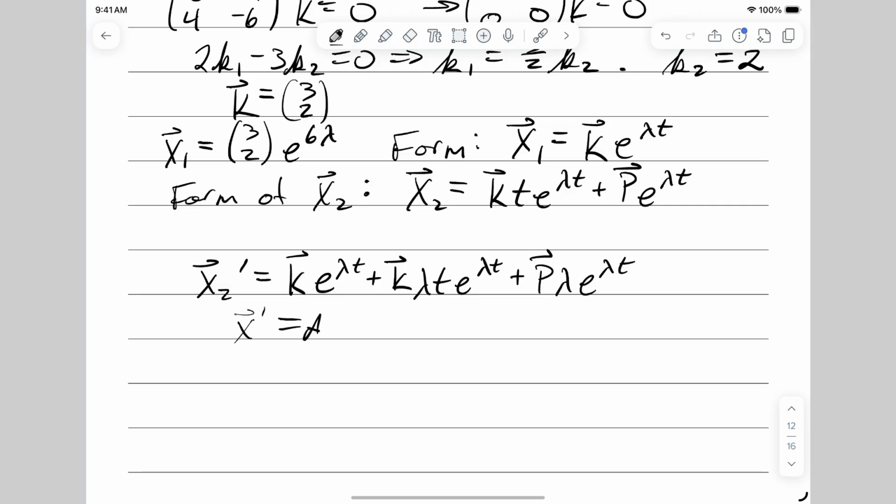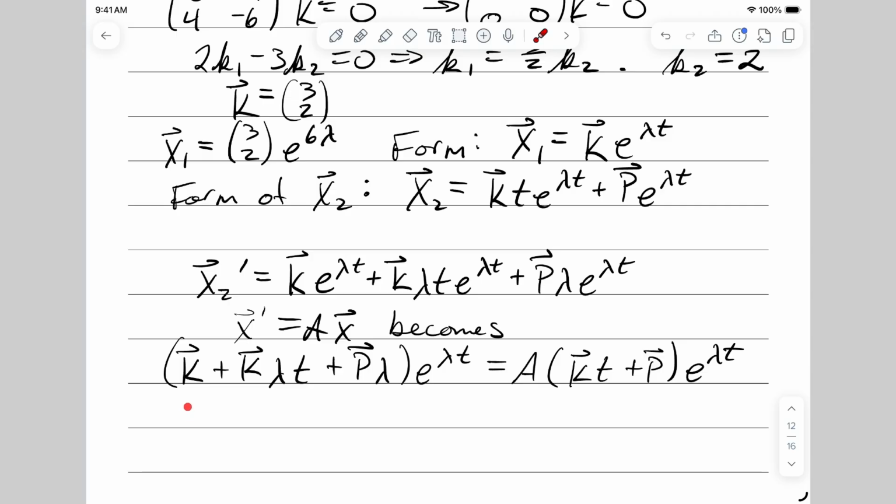X prime equals Ax, the system that we've been solving, then becomes the quantity k plus k lambda t plus p lambda, all times e to the lambda t, that's our x prime, equals A times the quantity kt plus p, all times e to the lambda t, that's A times x.